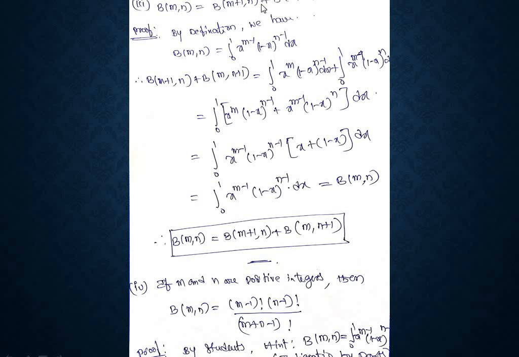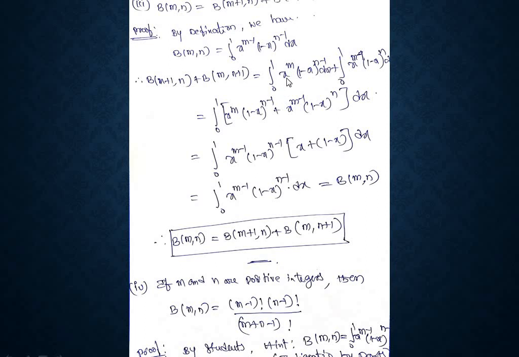Okay, now I am taking the right hand side: beta of m plus 1 comma n plus beta of m comma n plus 1. So first, by the definition of the beta function, beta of m plus 1 comma n: let us treat this as m, this as n.